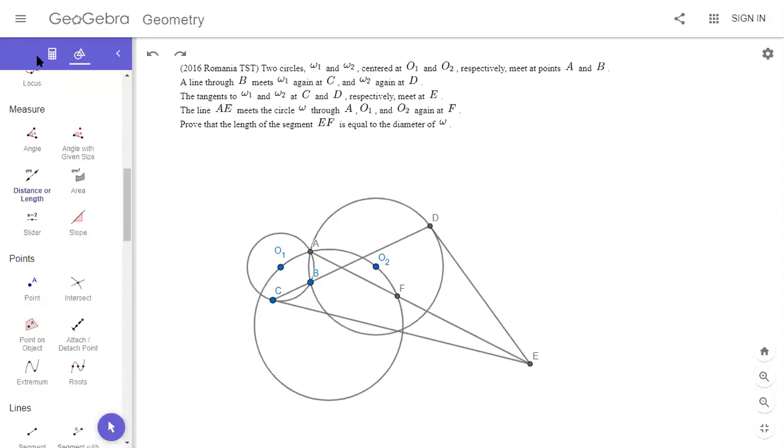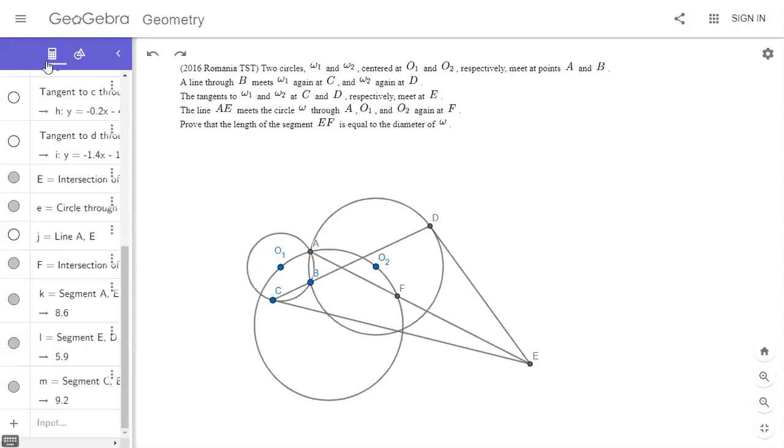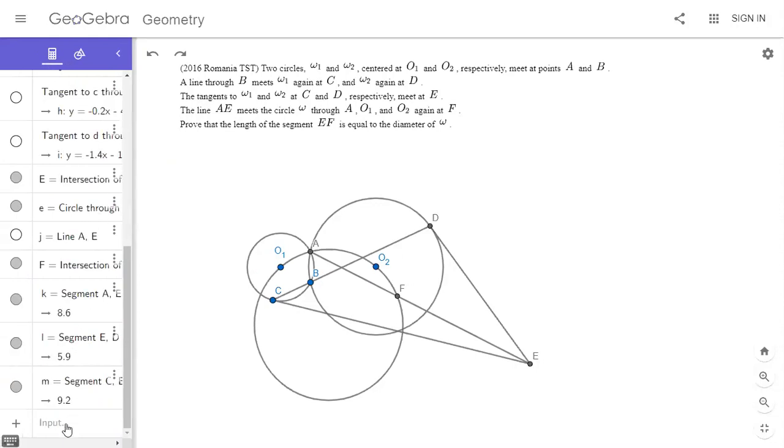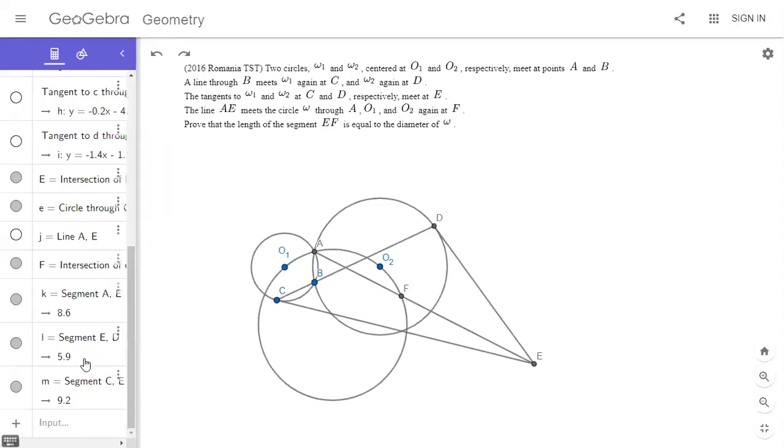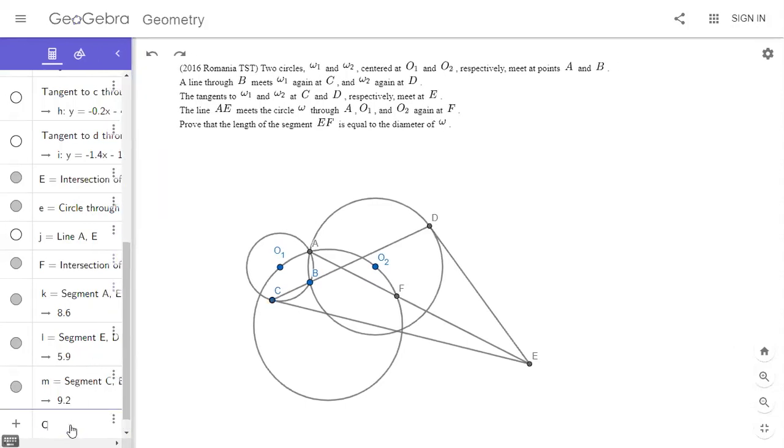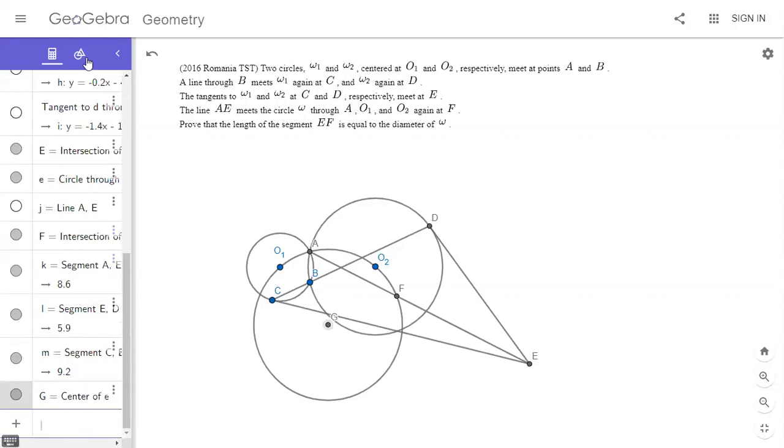So I'm gonna draw in the center of this circle. I think it's circle E. Yeah. All right.